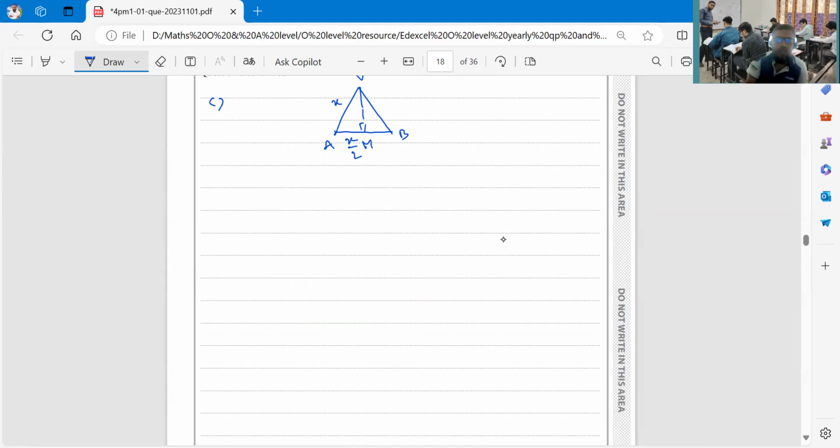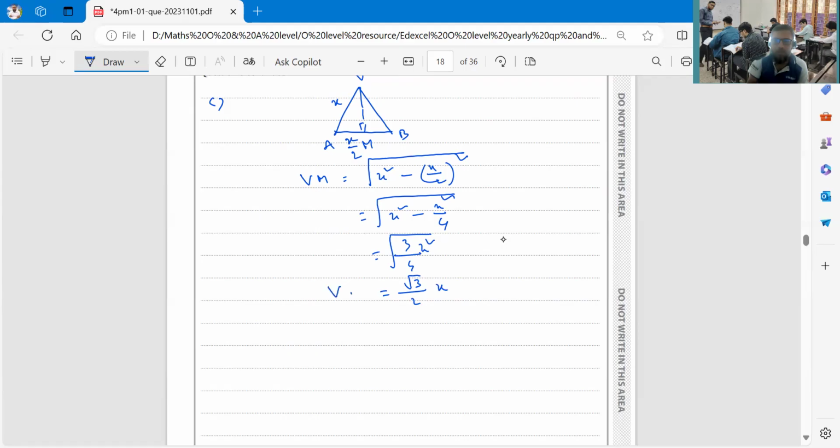So if you know AB and AM, you can easily get BM. BM equals root of x square minus x by 2 whole square. In the calculator, you'll get x square minus x square by 4. So 1 minus 1 by 4 is 3 by 4, x square over root. Finally, you'll get root 3 by root 4, which is 2, and root x square is x.